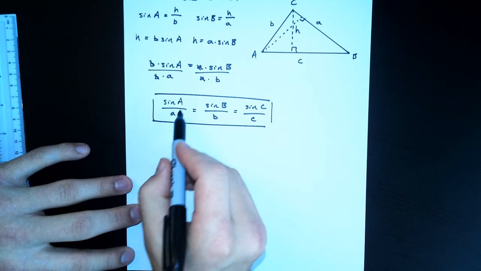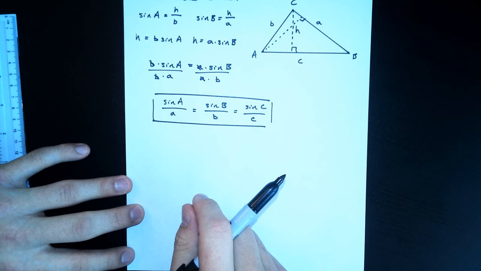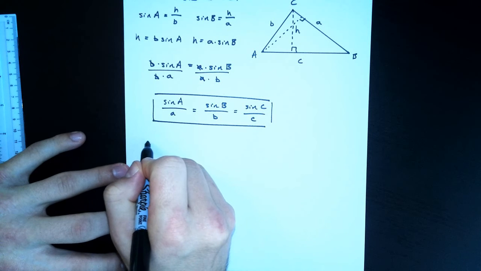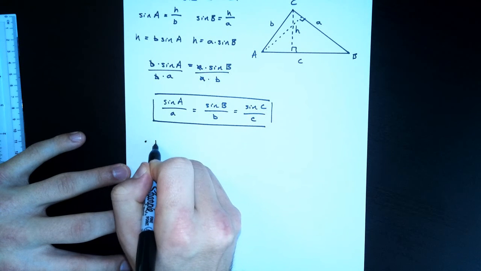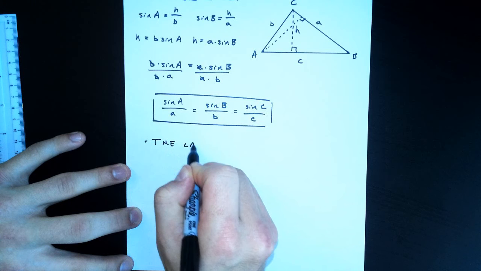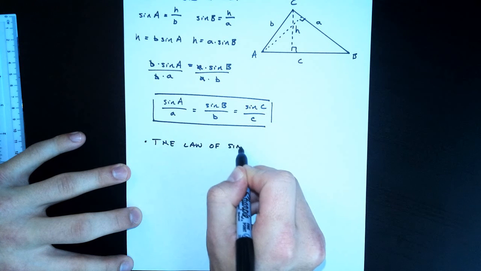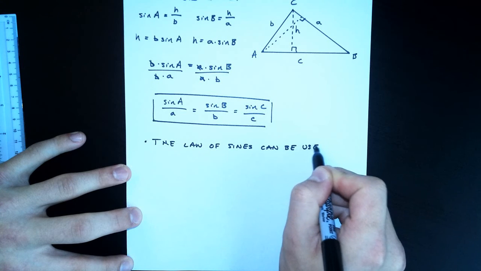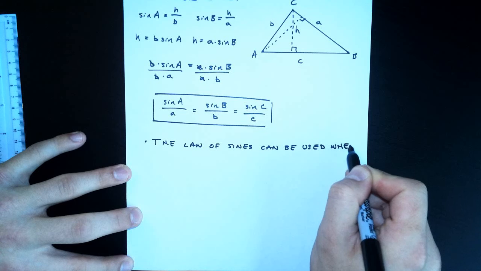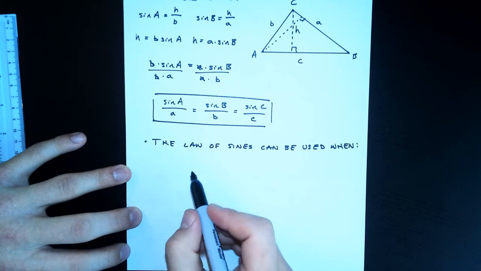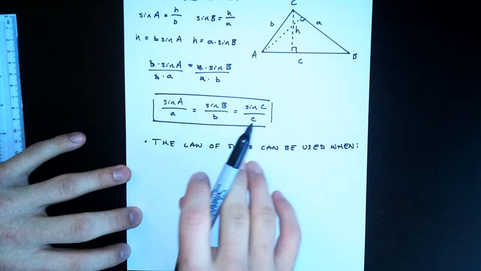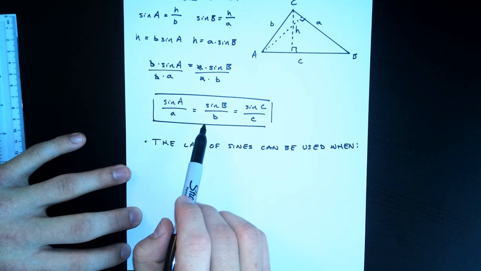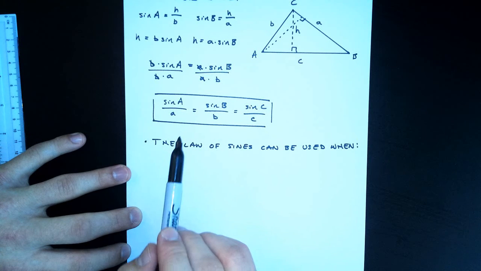Now the last thing, because of the way that these are notated, there are basically two situations where we can use the law of sines. If I'm just using two of these, I have four variables in here. I need to know 3 out of the 4 in order to use the law of sines to solve for that fourth one.